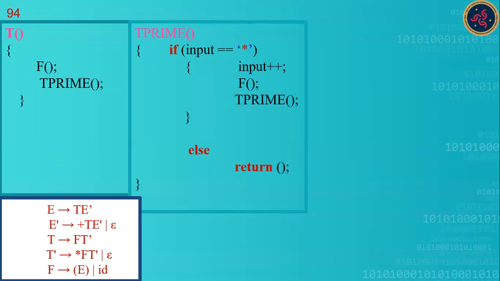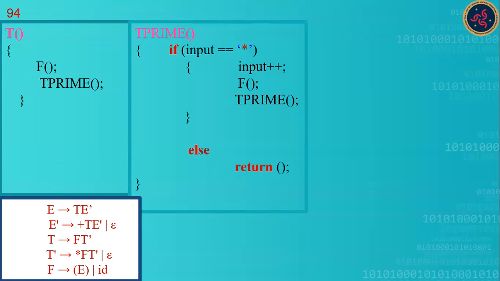So when we call the function T prime, if the input is not a star, then this part of the code will be invoked. We can return nothing, and return to the portion where it was called. In this case, we return to the T function where it is called. So this is the function for T prime.